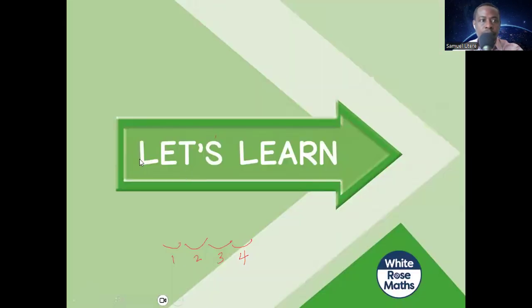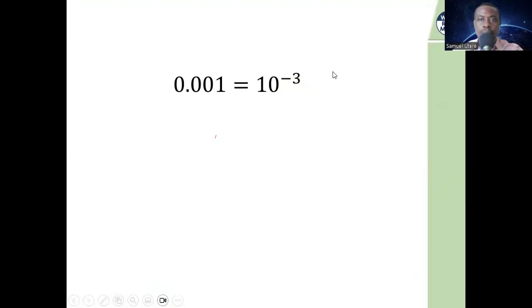Okay, let's do some new learning. So, if we have 0.001, we know that 0.001 can be written as 10 to the power negative 3. Also notice the pattern that I mentioned in our previous lesson. You see here we have negative 3 and we have 2 zeros before the 1.